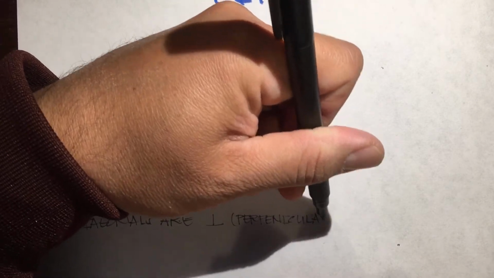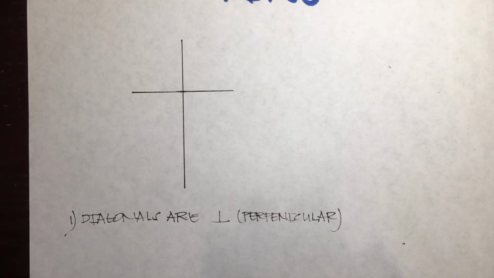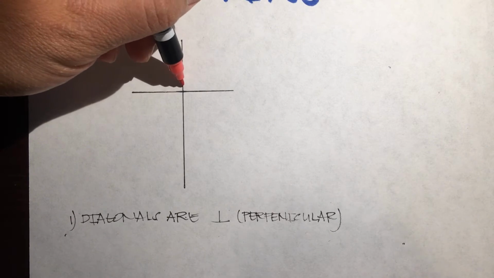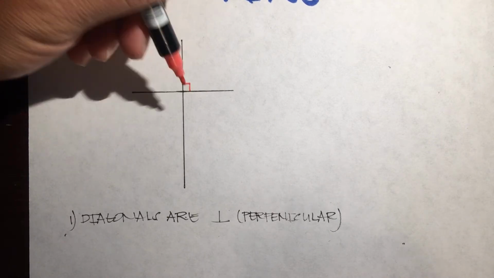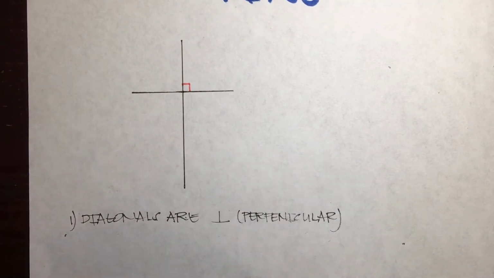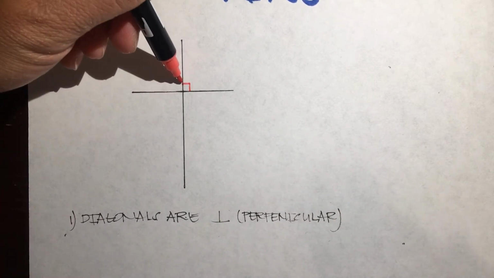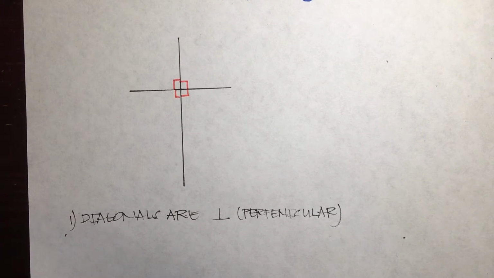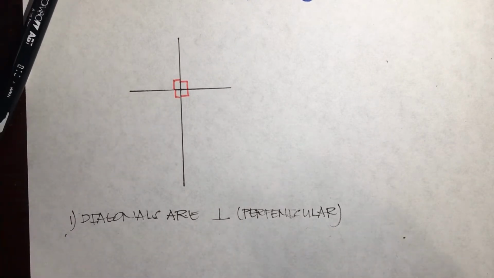Perpendicular. So take your blue or salmon colored pen, crayon, and you know what perpendicular means. It means that they make 90-degree angles. So put one 90-degree angle there. But if you want to put 4, just so that you know they're all 90 degrees, go for it. Okay, so perpendicular. Look at that.